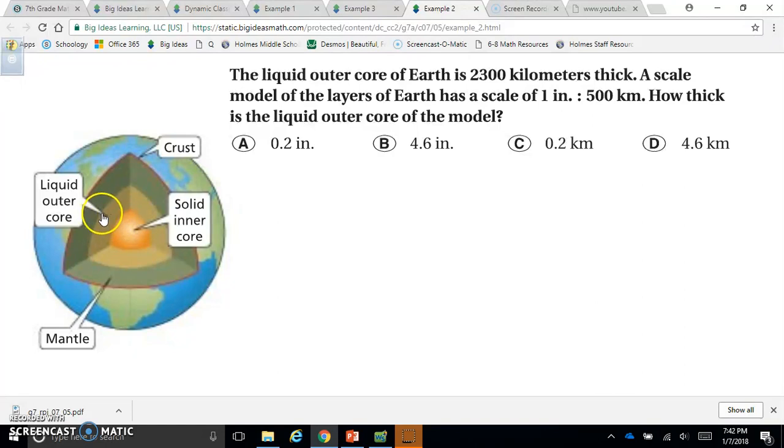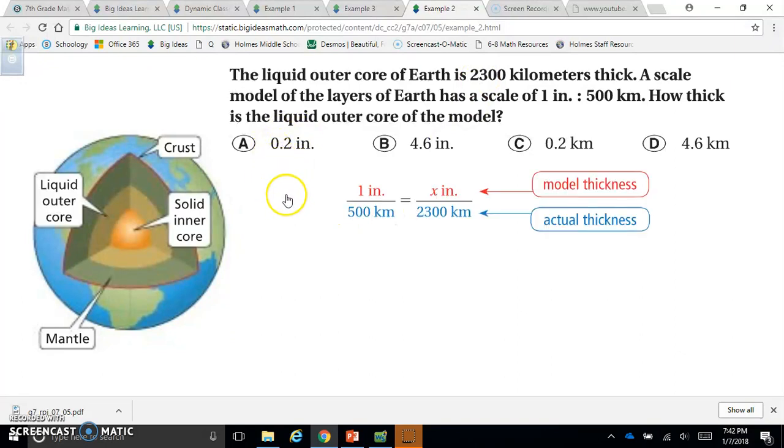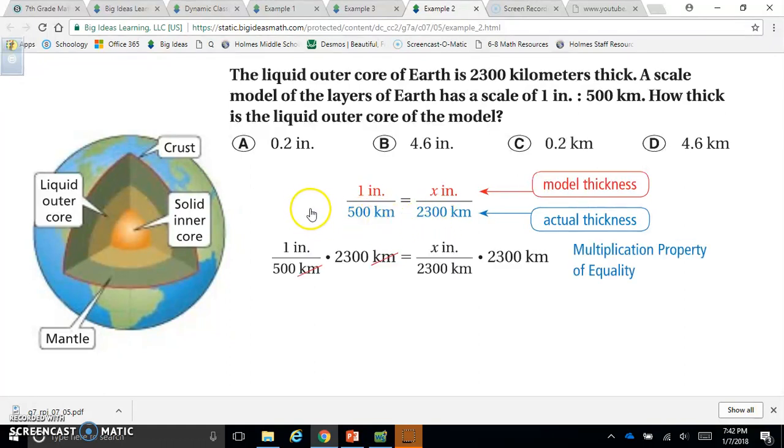We're looking for how thick the liquid outer core is in the model. If somebody actually made this model, how thick would they have to make it when the actual one is 2,300 kilometers? The first thing we would do is write out our scale, model to actual. We don't know what the model of the outer core thickness is to the actual. Then we need to find our scale factor. What times 500 is 2,300? That's our scale factor right there.